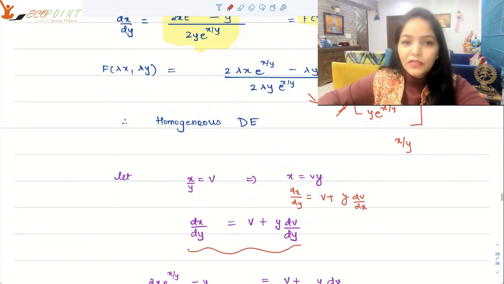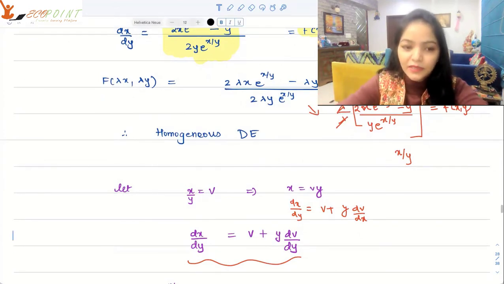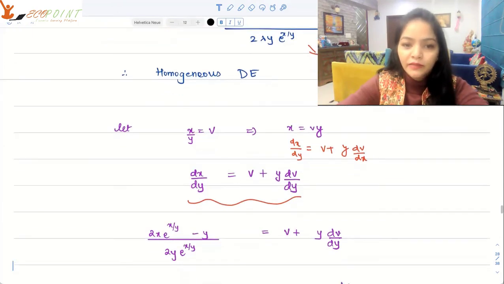So in place of dx by dy, I had written it in terms of dx by dy only. So in place of that, just write the expression that you got for dx by dy.